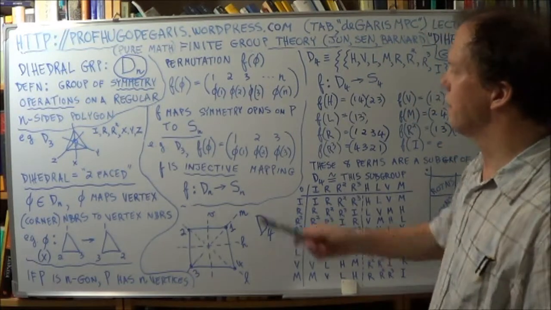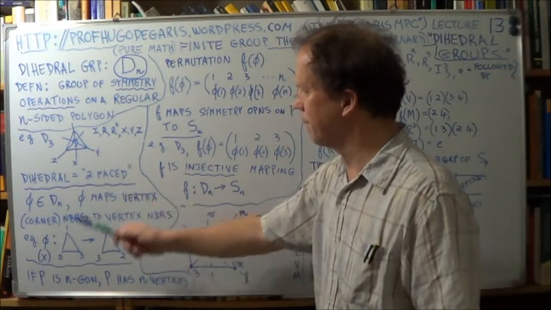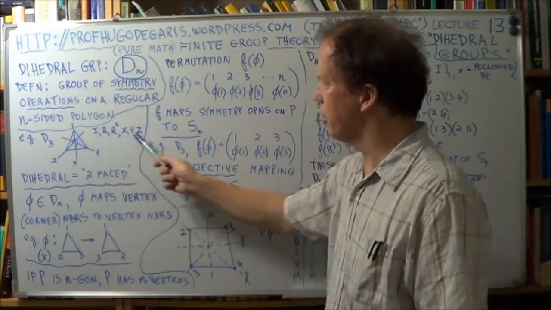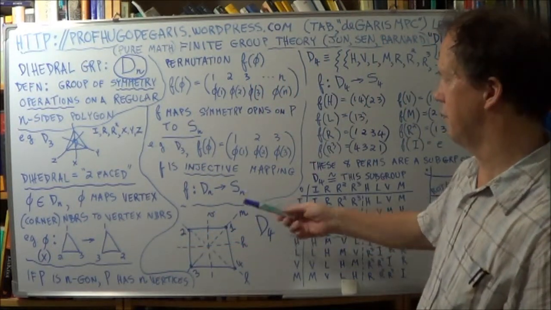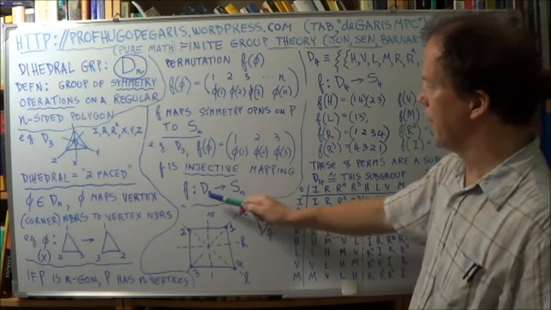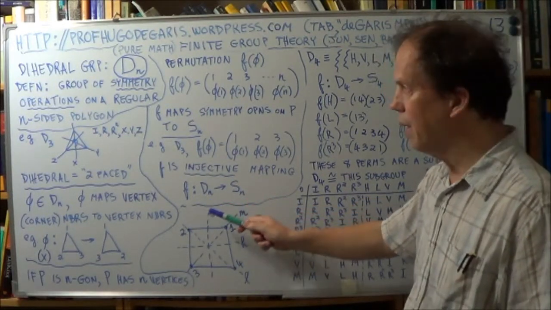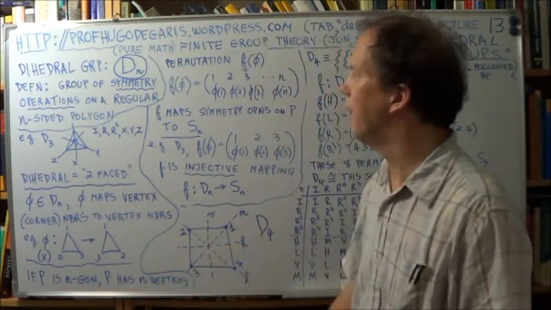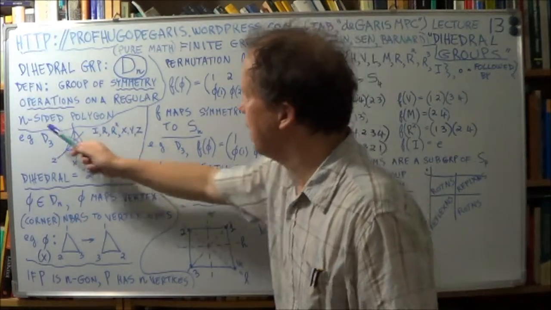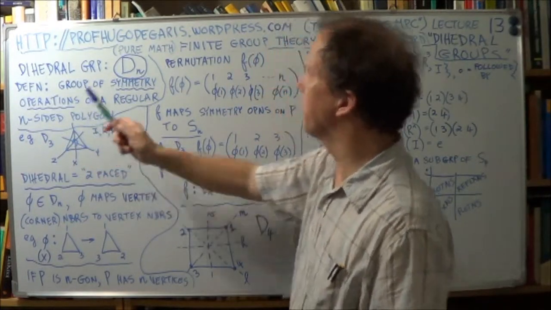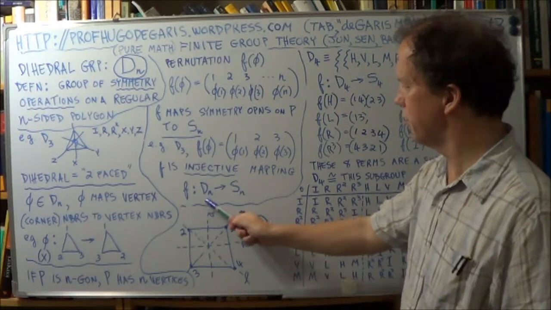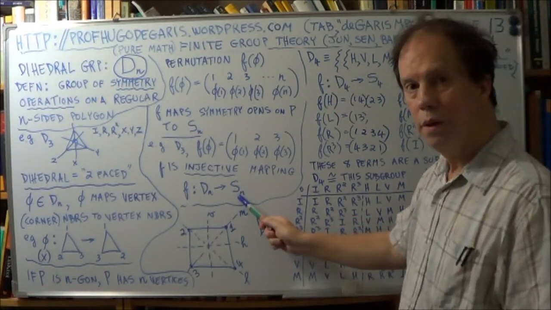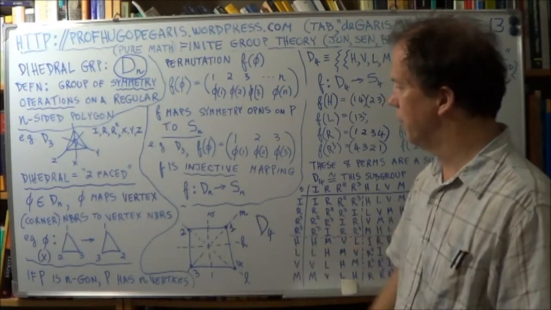So we're talking about mapping symmetry operations into permutations, of this kind of nature. Now, when we have an n-gon, an n-sided regular polygon, you're mapping those operations into the symmetry group.